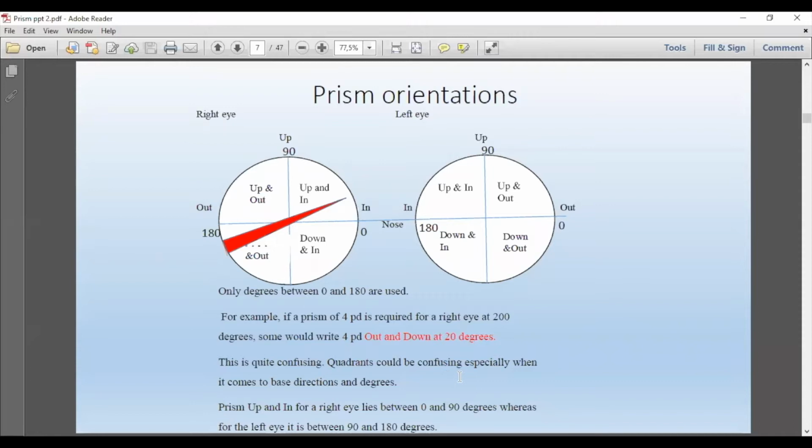Quadrants can be confusing, especially when it comes to base directions and degrees. So a prism up and in for the right eye lies between 0 and 90 degrees, whereas for the left eye, it lies between 90 and 180. All I'm saying is if you're not using this method and you're using the full protractor, then I think it's less confusing.